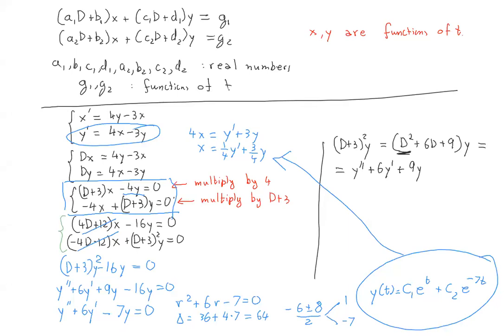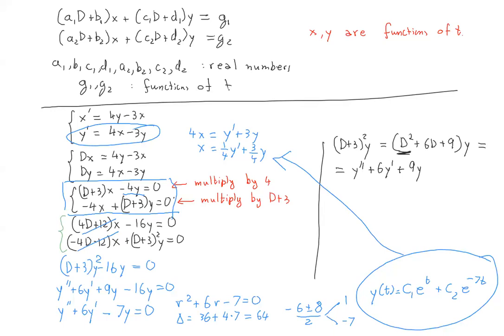Okay, so let me repeat what I said before regarding this. First of all, I said that it could have been possible to start with this and apply the opposite kind of elimination that would eliminate y and get an equation in x. If I did so, you would have seen that it would have had the same auxiliary equation as y.